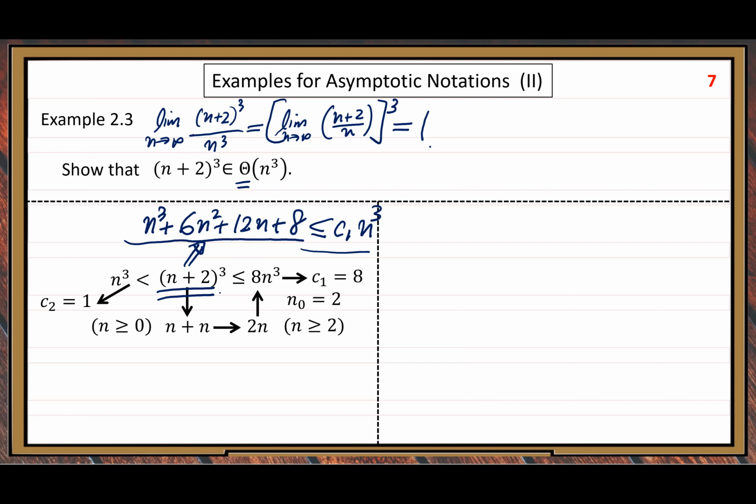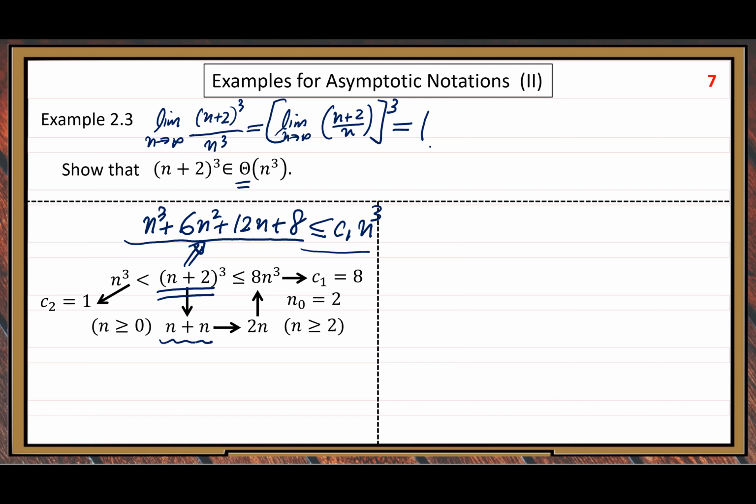So do it this way. Do not expand that n plus 2 cube. Do the estimate before you take the cube operation. Replace the expression inside the parenthesis by a constant multiple of n first, then put the cube on it.